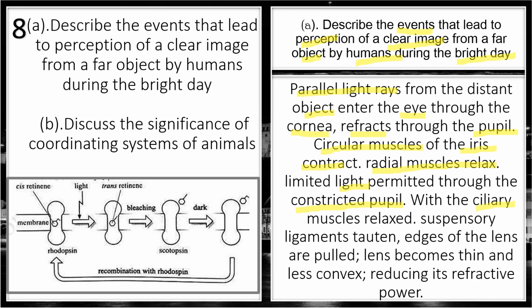With the ciliary muscles relaxed, the suspensory ligaments are tautened. The edges of the lens are pulled, and the lens becomes thin and less convex, therefore reducing its refractive power.